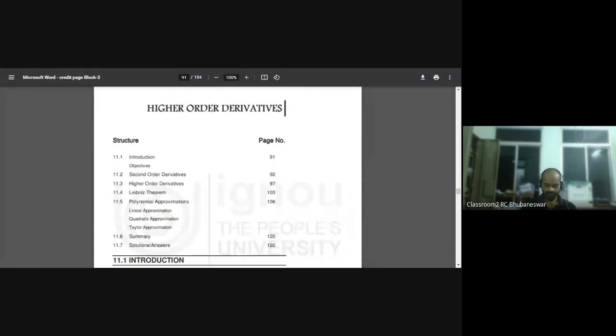So now, to discuss the basic idea about the higher order derivative, let us move towards the summary of this particular chapter. The summary of this chapter is on page number 120.